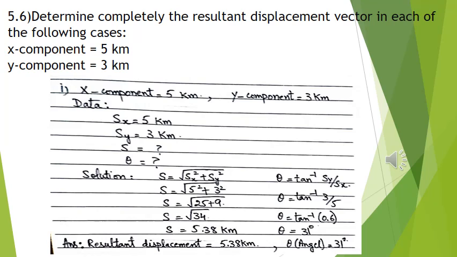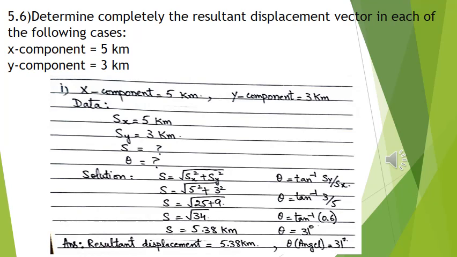By using our formula, you will get S is equals to root of 5 square plus 3 square, and that is equals to 5.83 kilometers. So it is our resultant displacement. Now for finding theta, the angle, it is tan inverse Sy upon Sx.